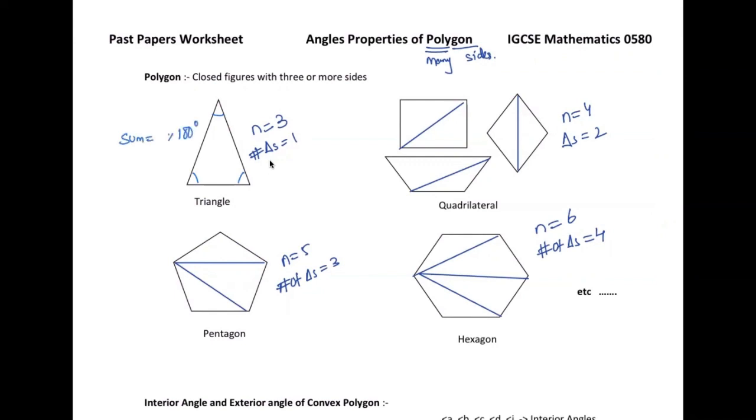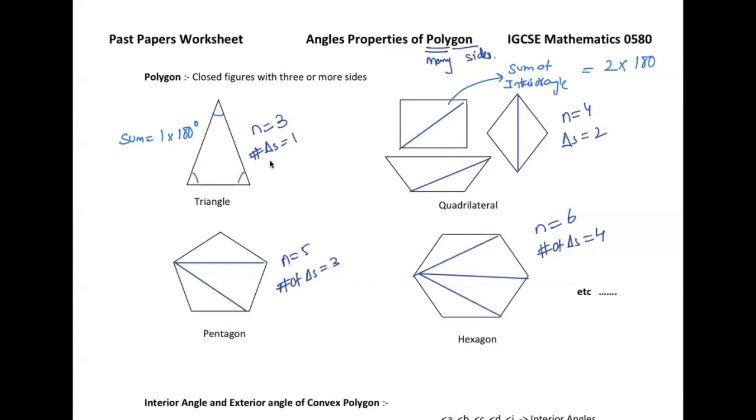Why? Because only one triangle is being formed. What is the sum of the interior angles in a quadrilateral? 360. That is because the quadrilateral can be split up into 2 triangles. So 2 times 180, 360.